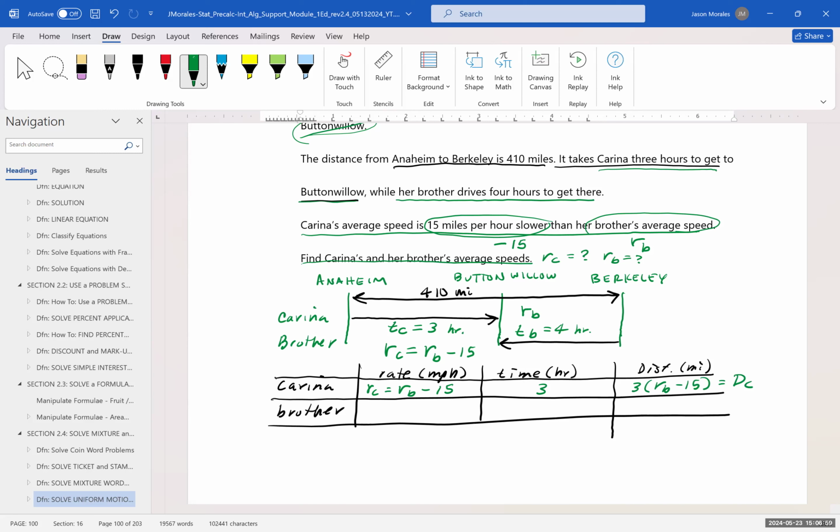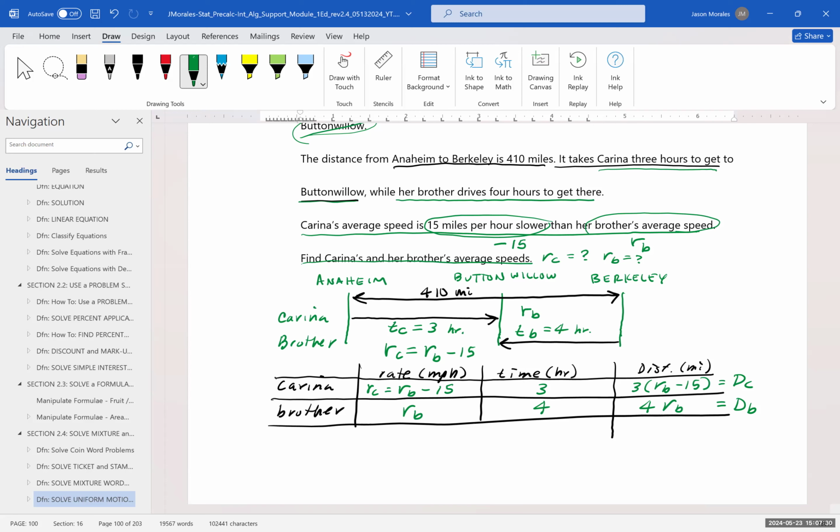And the brother's rate is just R sub B. The time it takes her brother to make his distance from Berkeley to Buttonwillow is 4. And so the distance that her brother has traveled is going to be 4 times the rate of her brother. So that's the distance her brother covered. Okay.